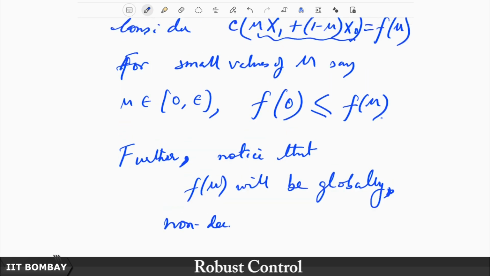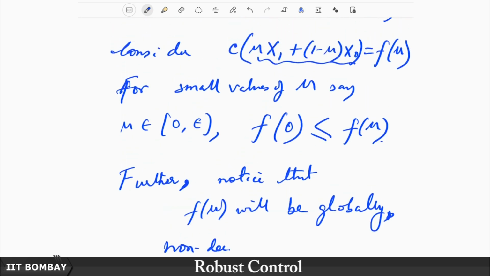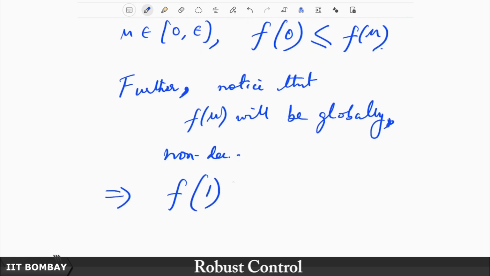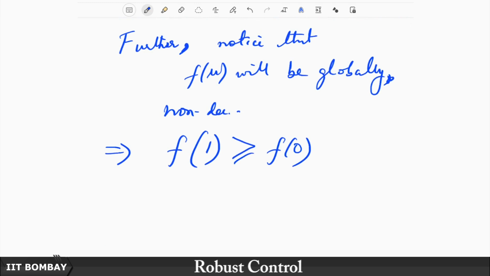In the local domain I have already proved that because it is a local minima, it is going to be locally non-decreasing, therefore, it must be globally non-decreasing, and this implies that f of 1 is also going to be greater than or equal to f of 0. But what is f of 1?